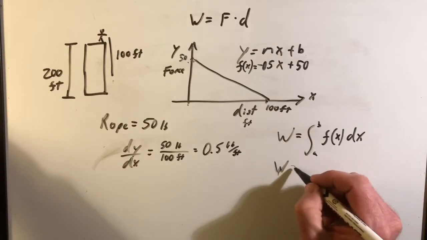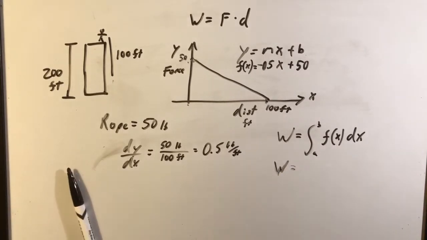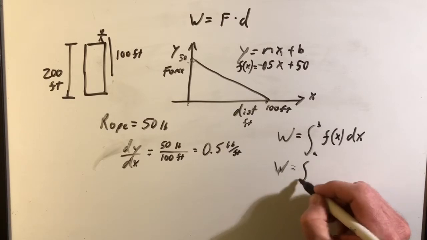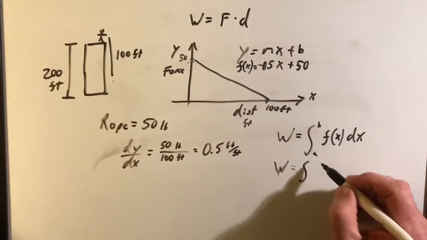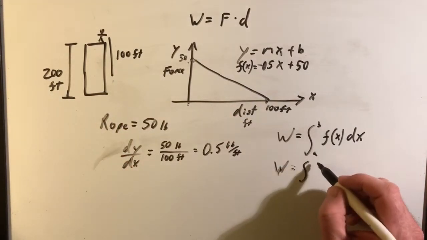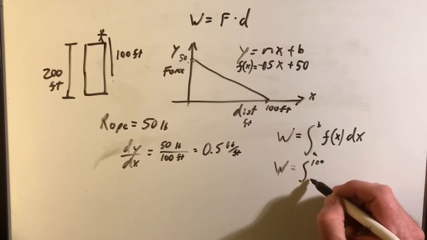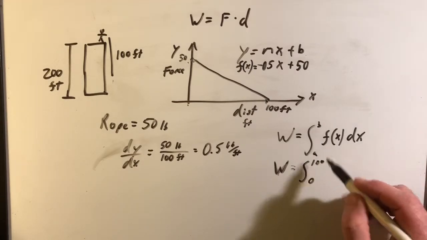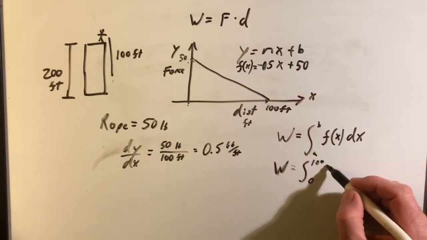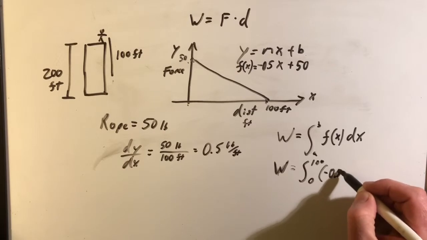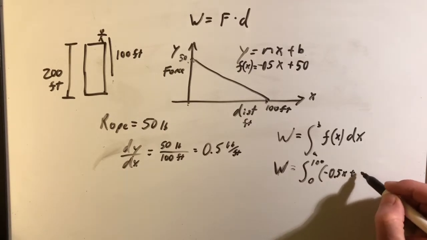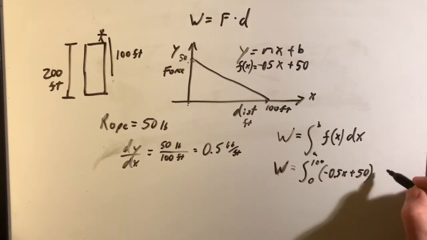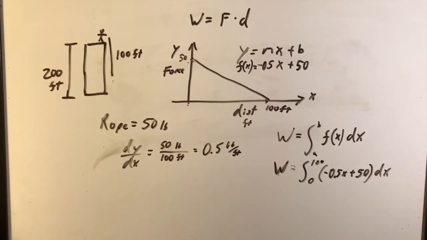So work is going to be the integral. We're going to pull the whole rope over the edge here, so from 0 to 100, of negative 0.5x plus 50 dx. Hope that's clear. So we just have to take the integral of that.